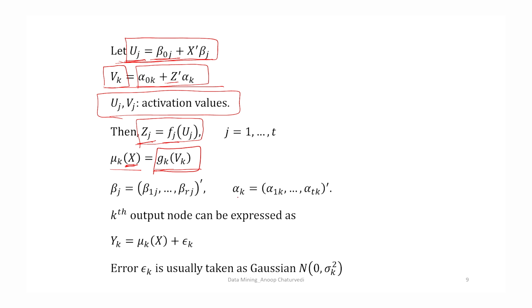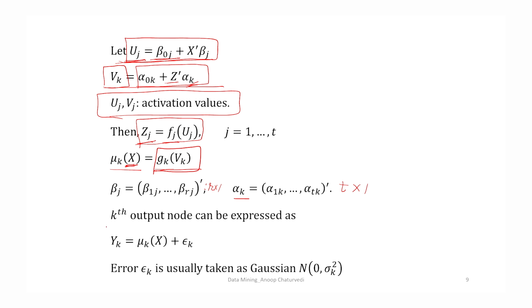So, actually alpha k here is a t cross 1 vector of parameters or weights, beta j is r cross 1 vector of weights.